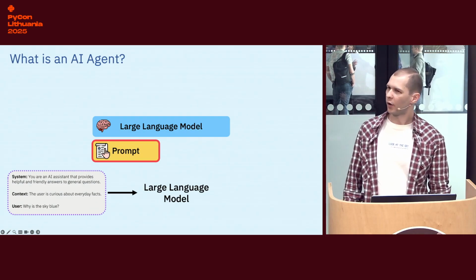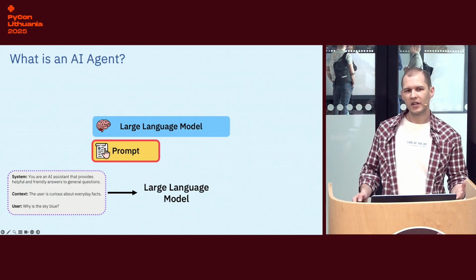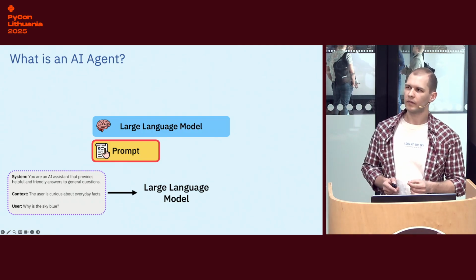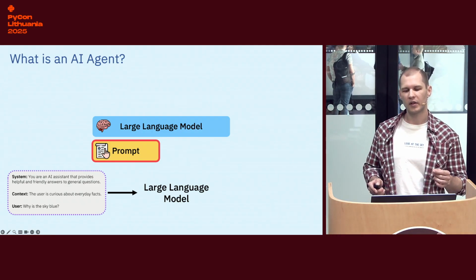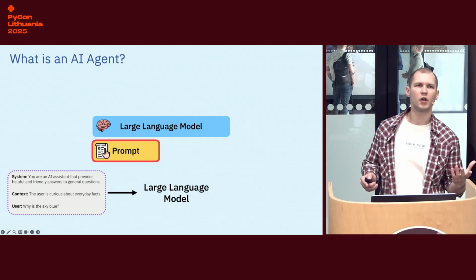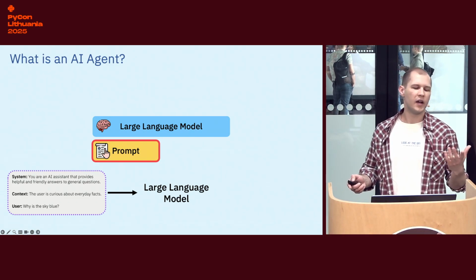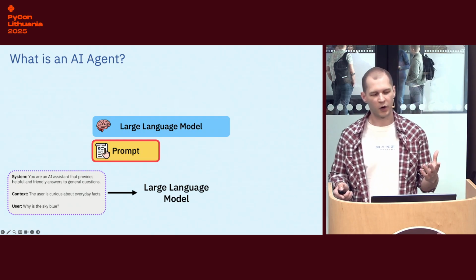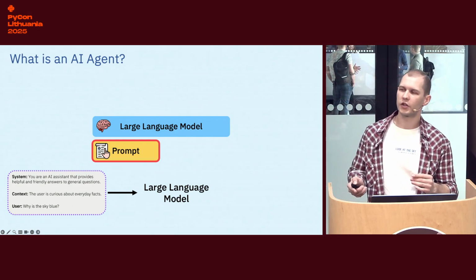Next, we have a prompt, which essentially is a text that we pass to the large language model. Most of the time, the prompt consists of some user question and instructions that guide the model how to respond to the user's question.